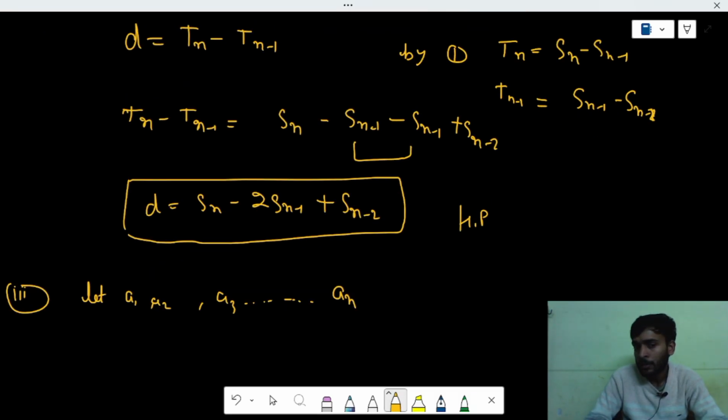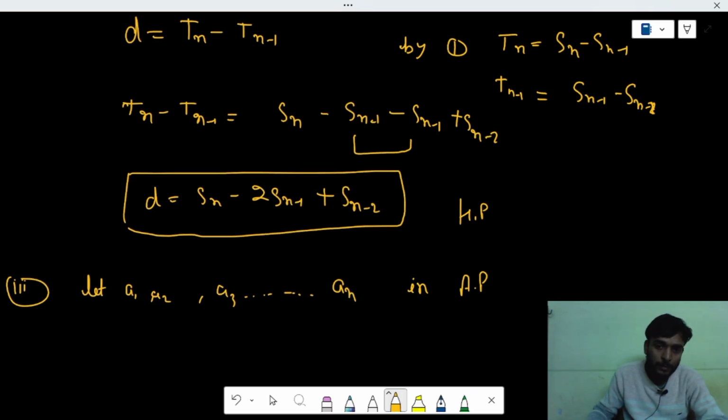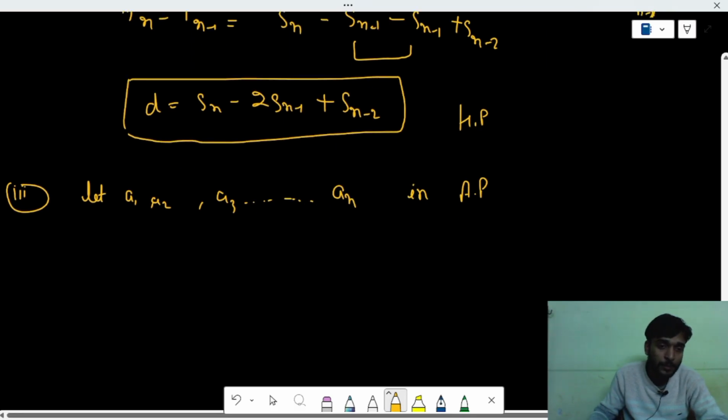Now I am discussing property number three. If A1, A2, A3, ..., An is in AP, and we add or subtract some constant number in every term, then this is also in AP.